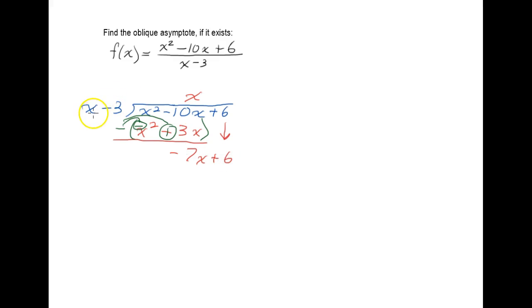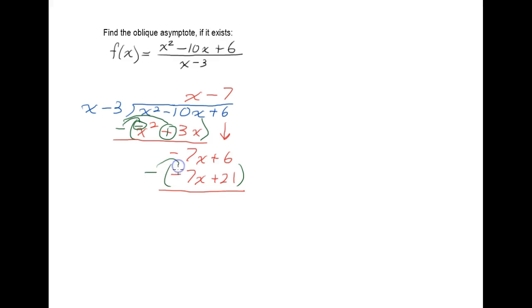And now, what would you multiply by x to get negative 7x? And that is negative 7. So now, negative 7 times x is negative 7x. And a negative 7 times negative 3 is positive 21. Again, we're going to subtract this entire thing. I'll show that just like that.